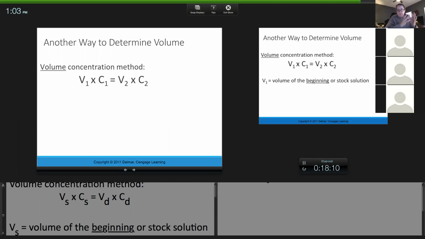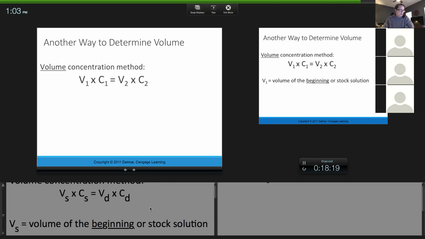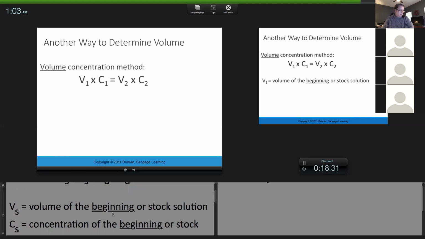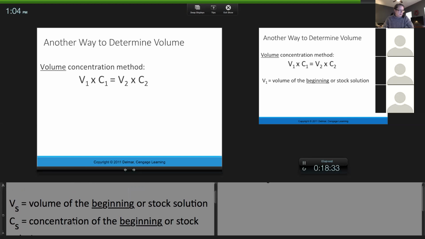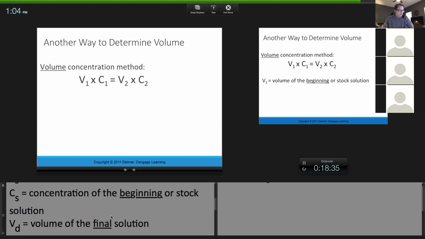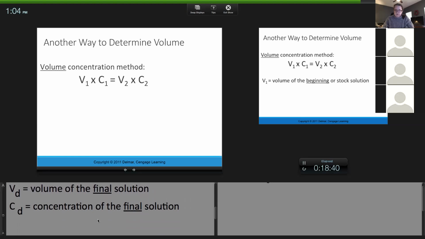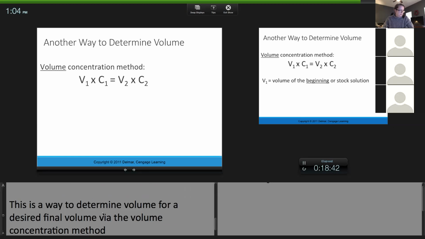You have the volume and the concentration of the first drug, but we need to make the volume and concentration of the second drug. V1C1 could also be listed as the solvent and the dilution factor: beginning stock, beginning concentration, then V2 and C2, the volume and concentration of the final solution.